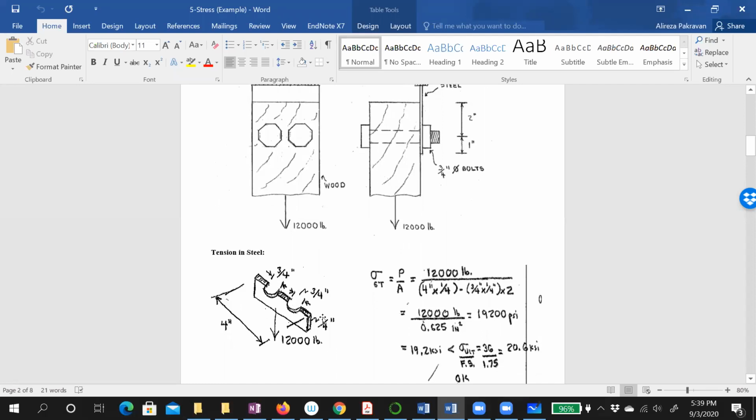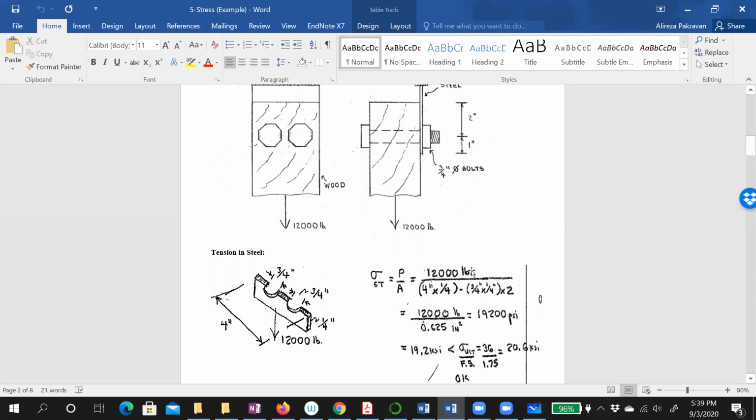The area would be the area of the steel minus the diameter times thickness of the bolt: 4 times 1/4, that's the whole cross section, minus this diameter times thickness, times 2, since we have two holes from the two bolts, right?